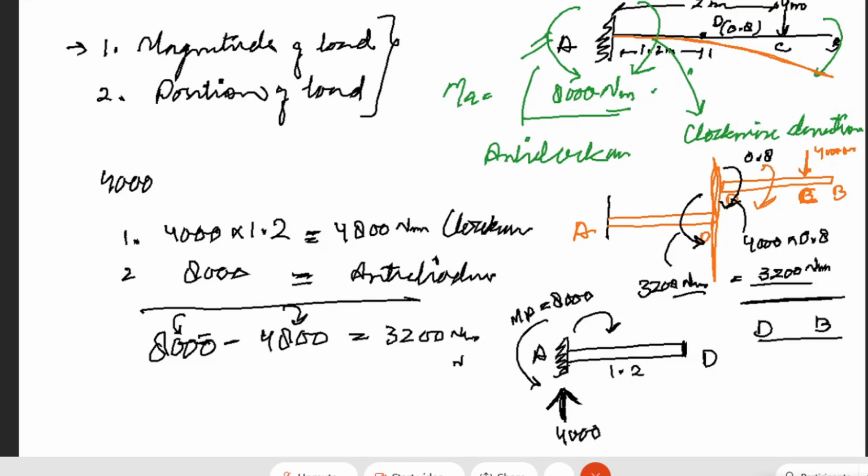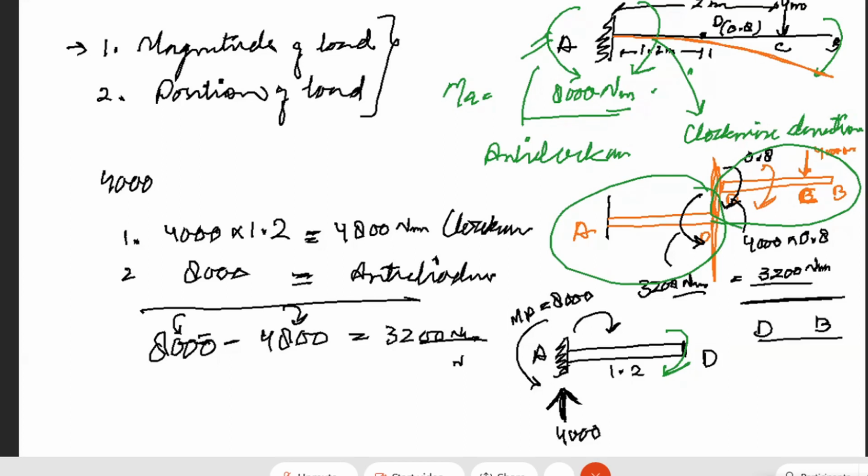Therefore, when I considered the left-hand side of the beam, I calculated the moment at point D, which comes out to be 3200. And I also calculated the moment when I consider part DB. These are the two assumptions wherein I can say that the result is the same in either calculation, whether you calculated the right part of the beam or the left part of the beam.